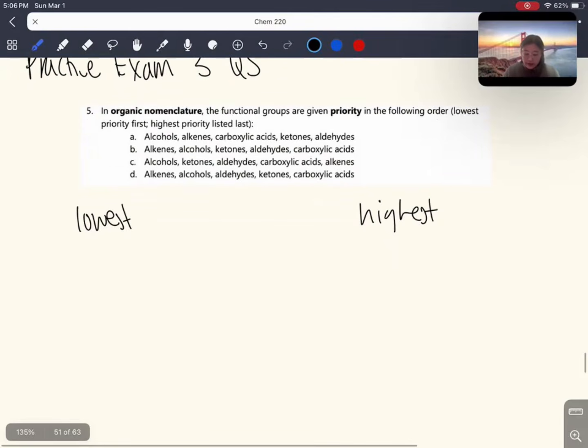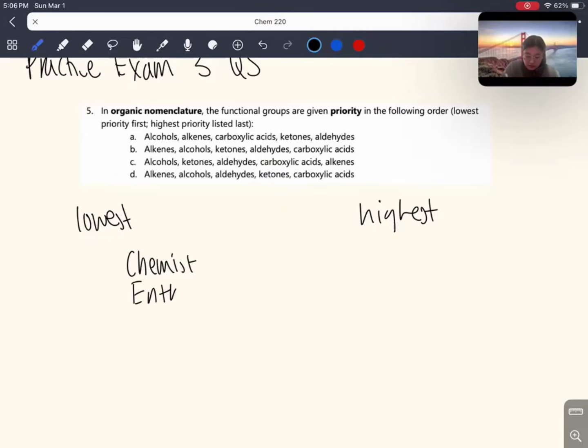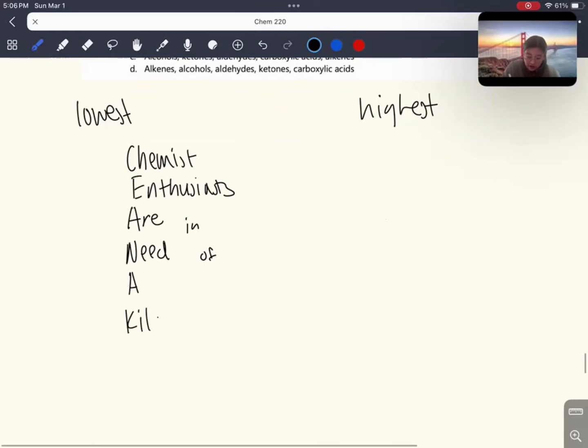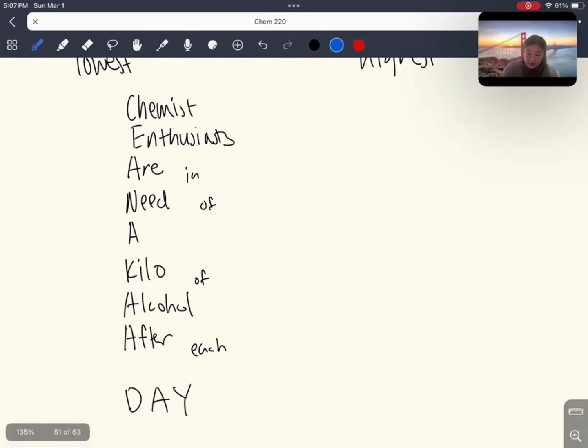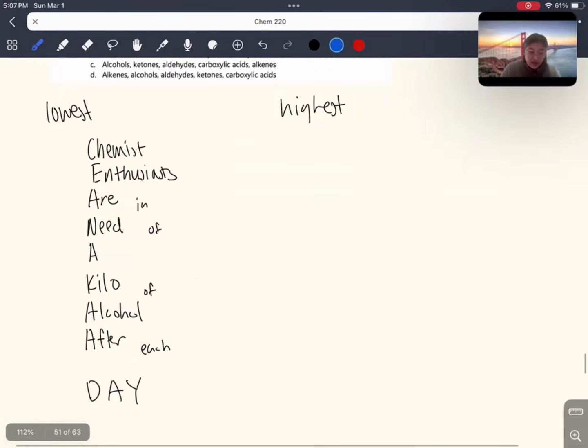The mnemonic is: chemist enthusiasts are in need of a kilo of alcohol after each day.